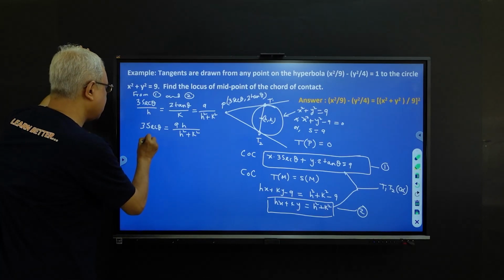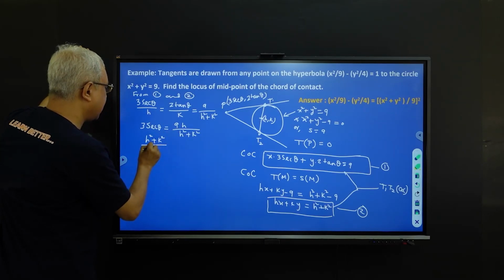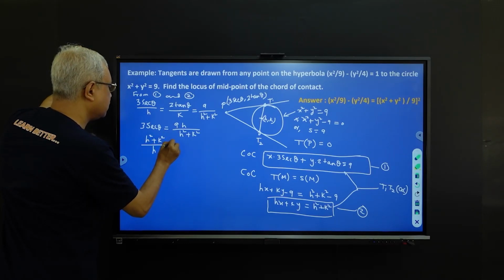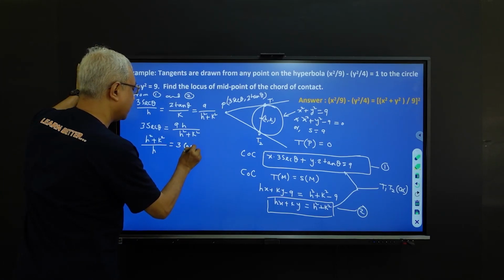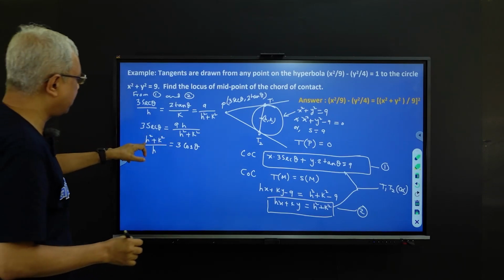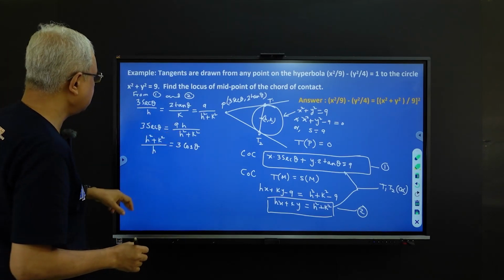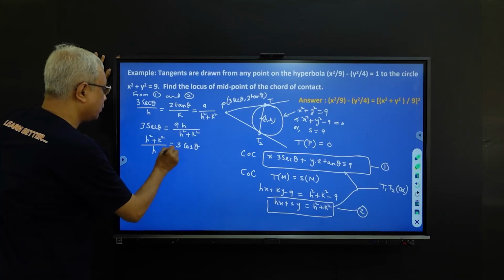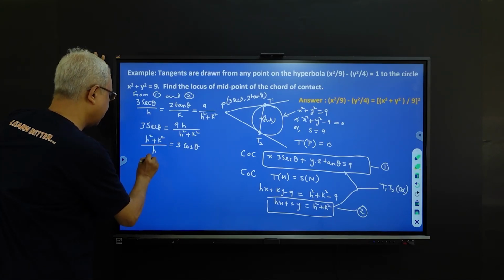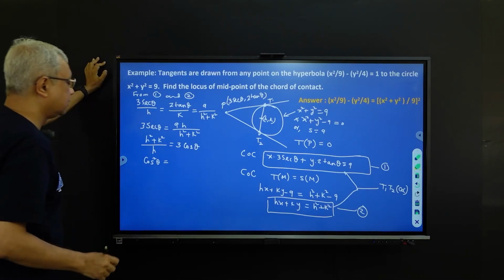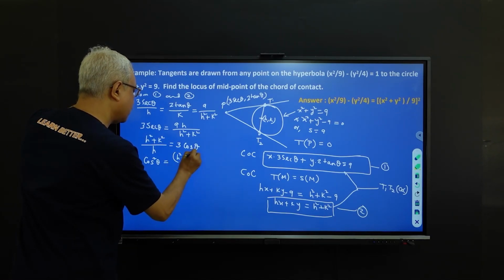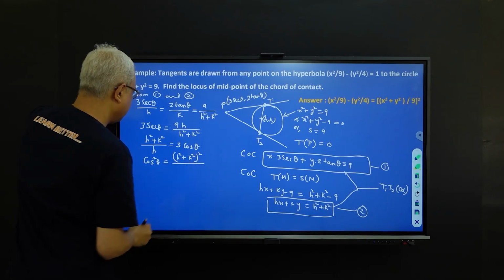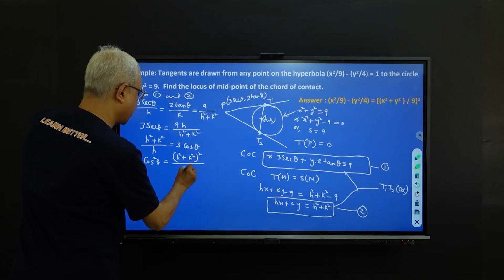So h square plus k square divided by h is equal to 3 cos theta, so cos square theta is h square plus k square whole square divided by 9h square.